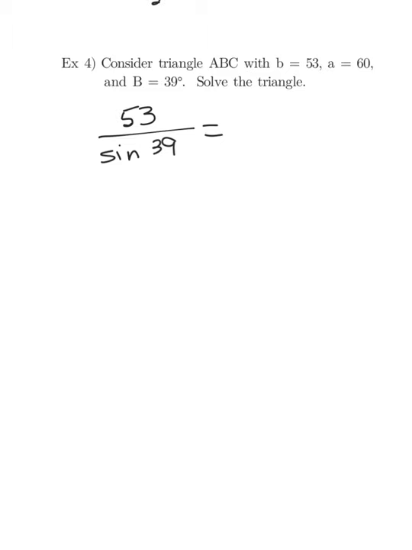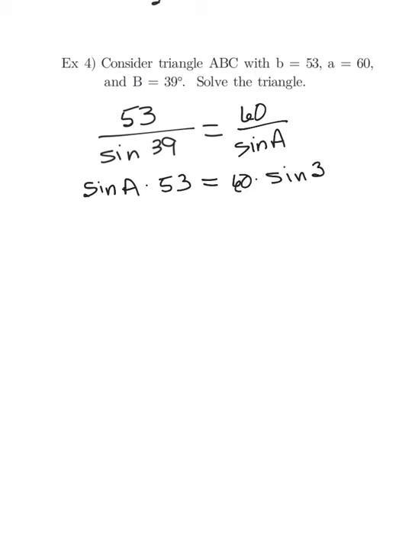So we're going to put our side A of 60 over the sine of angle A. Cross multiply, we're going to have the sine of angle A times 53 equals 60 times the sine of 39.